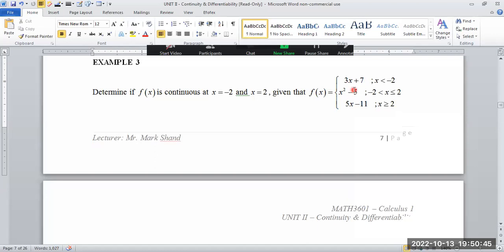X squared minus 5, sir. Why? Tell me why I say x squared minus 5 is dealing with the left.